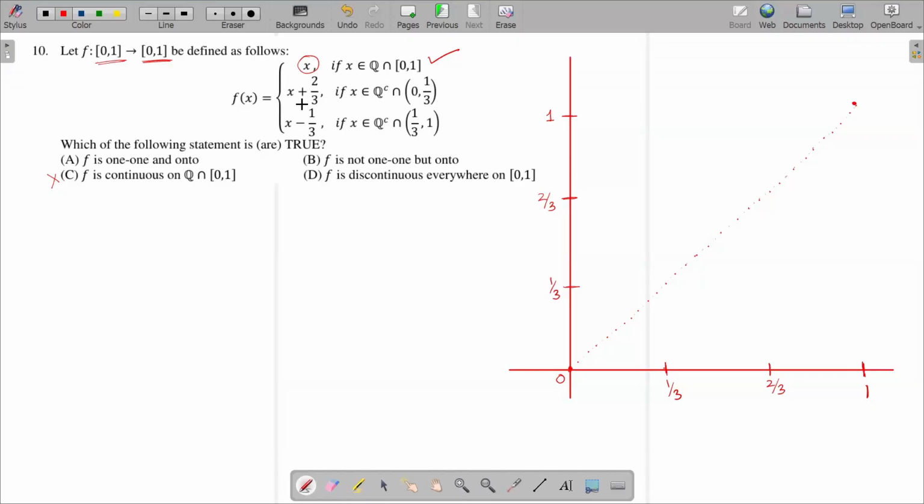I'm trying to plot the line. Then on that line I will take only images of irrationals. You realize what I'm doing? So the line will be something like this. At this point it is 1, but this point is not on the graph. Understood? So these are images of irrationals between 0 and 1 by 3.